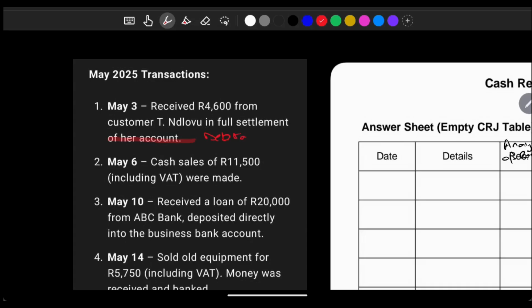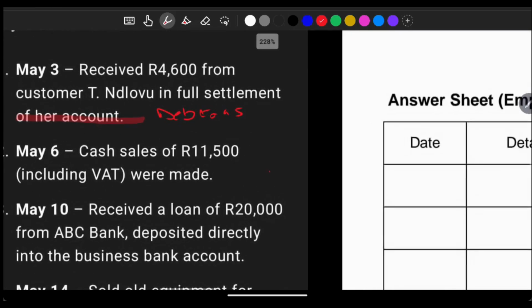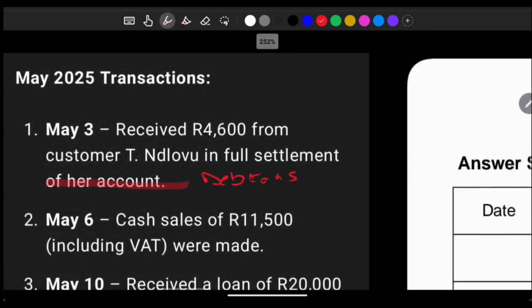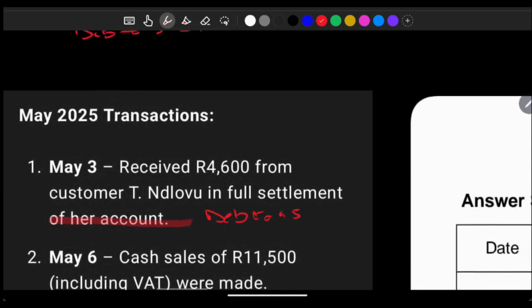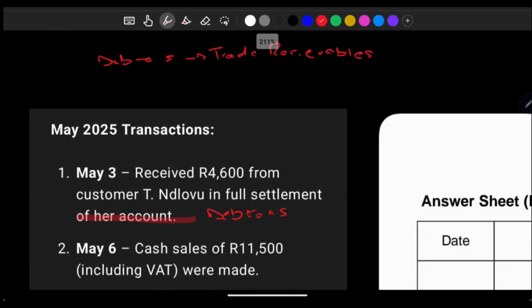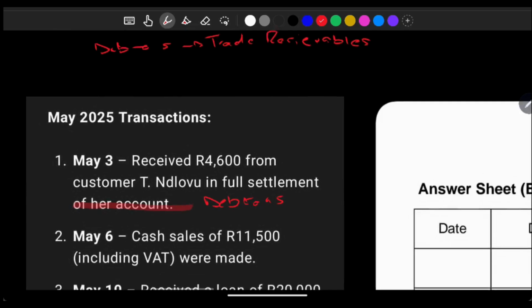We also know that our debtors belong in the trade receivables account. So we have 4,600 received from customer T Ndlovu in settlement of her account.